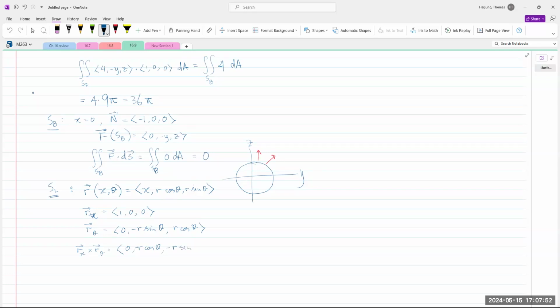Oh, I don't like this, because this is actually facing in. You know what? Reverse the order then. So we do r theta cross r x, just to play around.